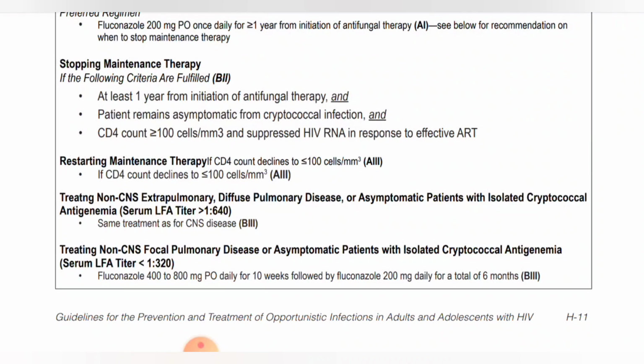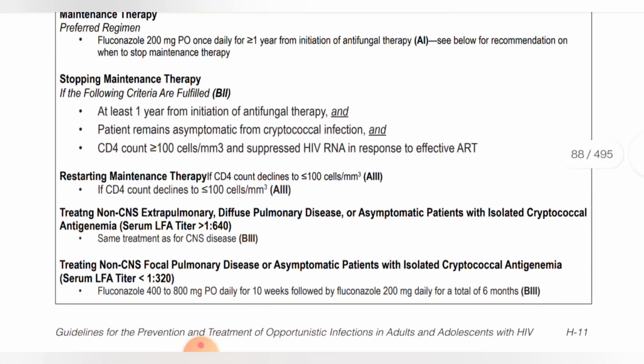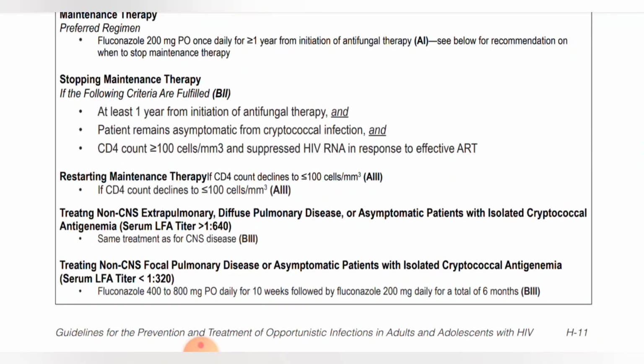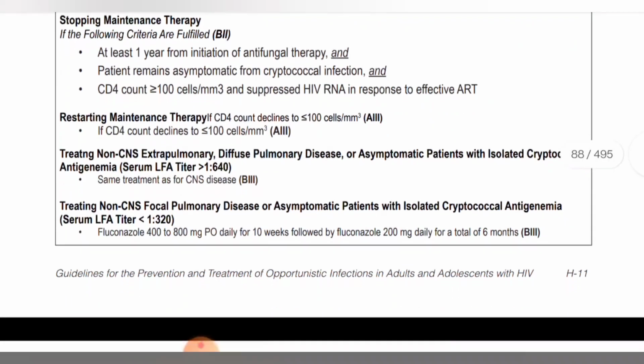One more point to be noted here is that WHO recommends less than 100, but in resource limited countries like India, they have suggested less than 200 as well. Now this was for the CNS, that is cryptococcal meningitis. In case of non-CNS extrapulmonary disease, or patients having pulmonary disease, or asymptomatic patients with isolated cryptococcal antigenemia, the same treatment as CNS disease is advocated if the titer of the lateral flow assay is more than 1:640.